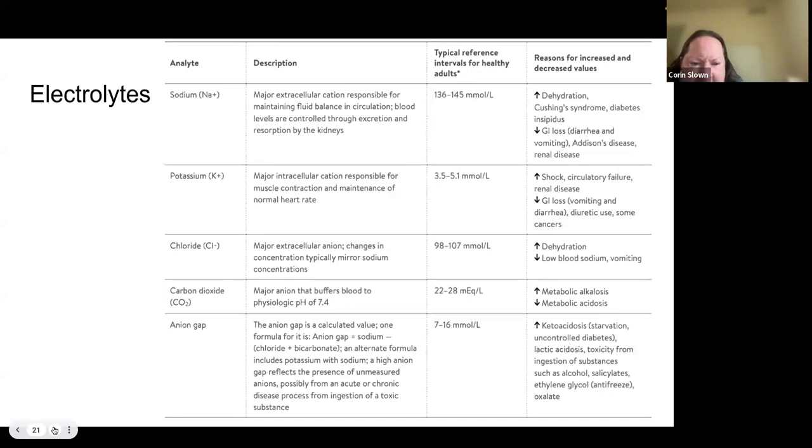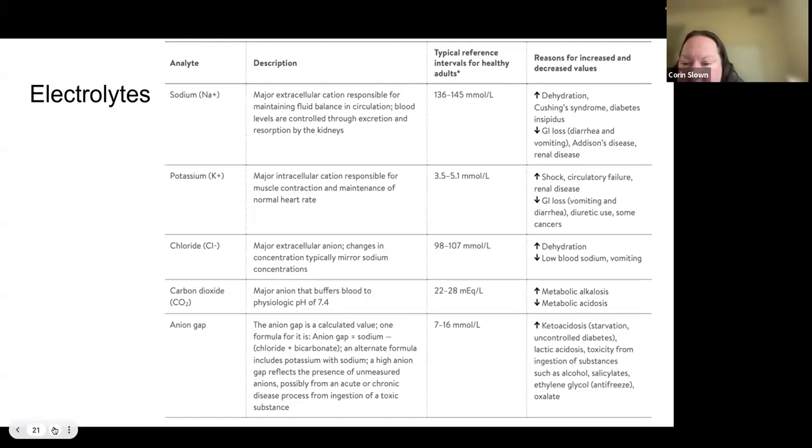The next one we're going to take a look at is carbon dioxide. So CO2 is not charged the way we think of a charged species. However, because of its role in the bicarbonate buffer system, it can function as an anion when the proxy is bicarbonate, so HCO3 minus.